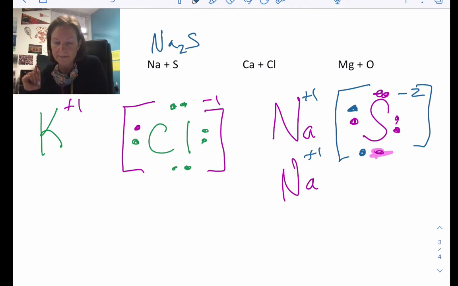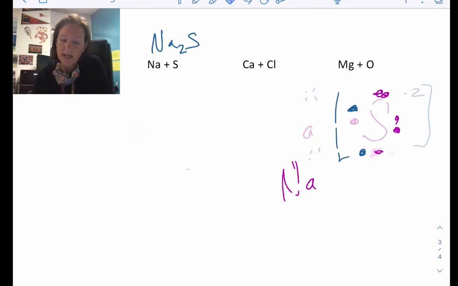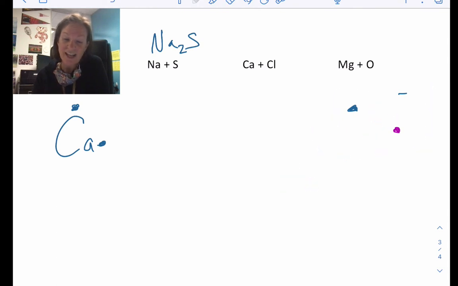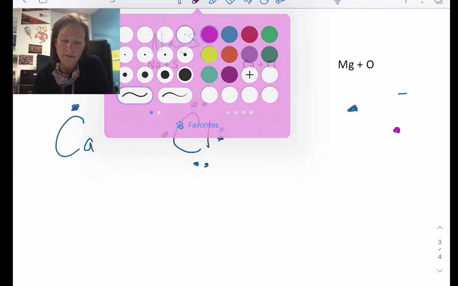Okay. So another example with calcium and chlorine. Calcium has 2 valence electrons, so I'm going to draw both of them out there. Chlorine has 7, so we're going to draw those out there: 1, 2, 3, 4, 5, 6, 7, and then do what I've been doing. So calcium is going to give 1 to chlorine, right?